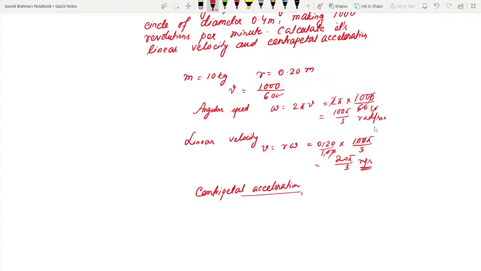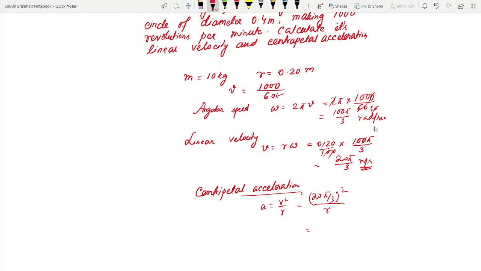Centripetal acceleration is a_c, which you can write as v square by r. So it is 20 pi by 3 whole square divided by r, where r is 0.20.